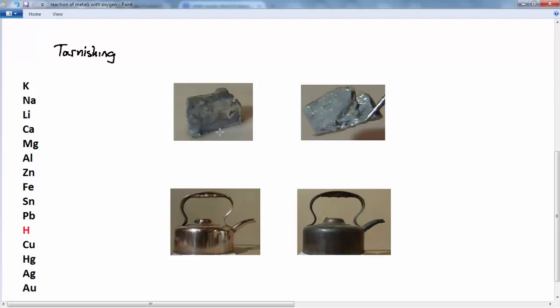So here I've cut a slice through a piece of potassium, and immediately you'll see that the surface of the potassium is nice and shiny and clean. But within about 3 minutes, the potassium reacts with oxygen in the air and is soon covered with a layer of potassium oxide. Okay, so already within 3 minutes, the potassium tarnishes.